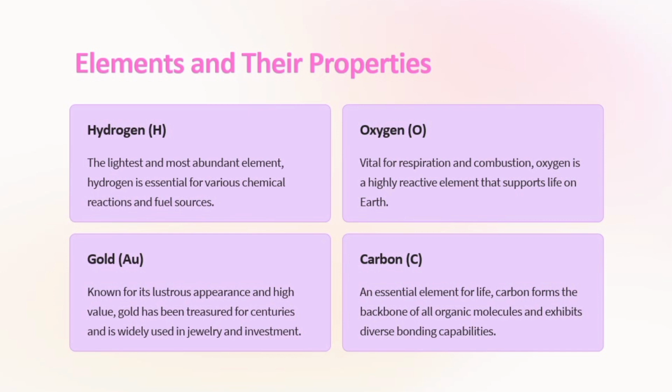Then the next on the list is oxygen, which is vital for respiration and combustion. Oxygen is a highly reactive element that supports life on Earth. We all know that living organisms, animals in general, of which human beings are classified as the first class, breathe in oxygen and breathe out carbon dioxide.